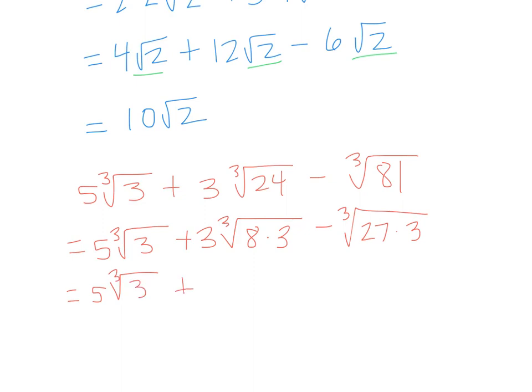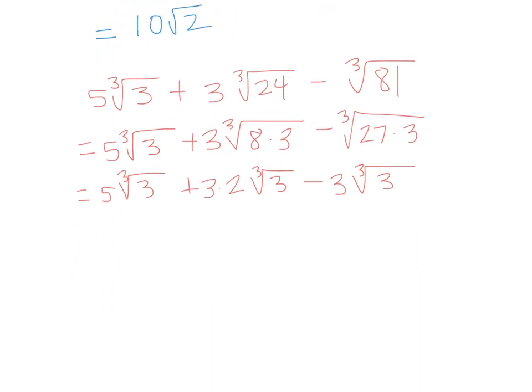We can pull out a 2 for the cube root 8, and then we're left with a cube root of 3. And we can pull out a 3 for the cube root of 27, and we're left with cube root of 3. Okay, now we have all the same thing underneath the radical, so we can combine these by just doing addition and subtraction.